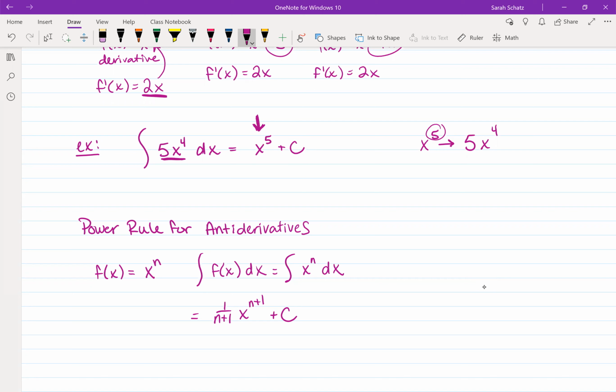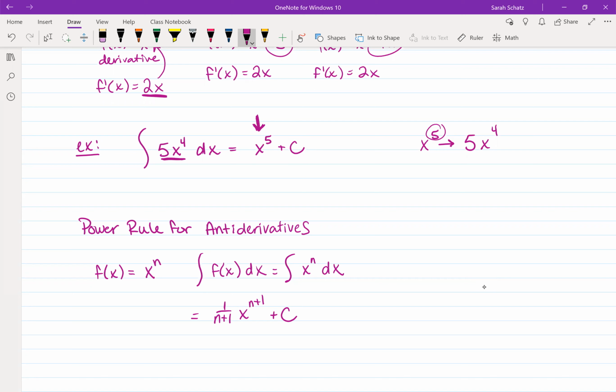So let's talk about why it is what it is. Remember, going in the derivative direction, we take the power that's up here and bring it down with multiplication. Can you see why now I have a 1 over? Because I'm bringing it in the front with the opposite of multiplication.